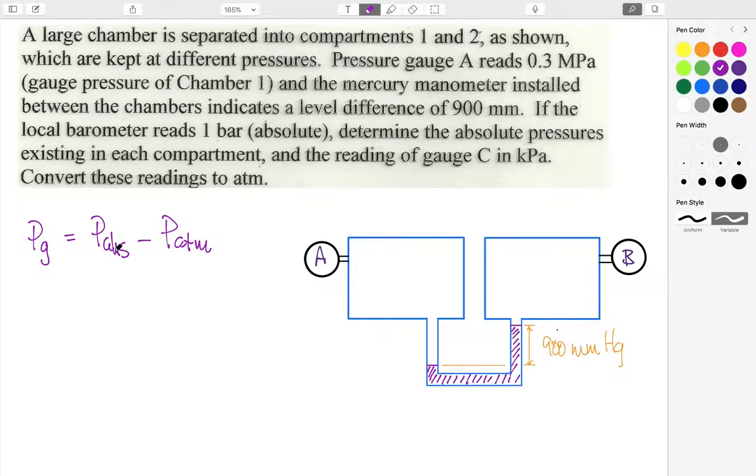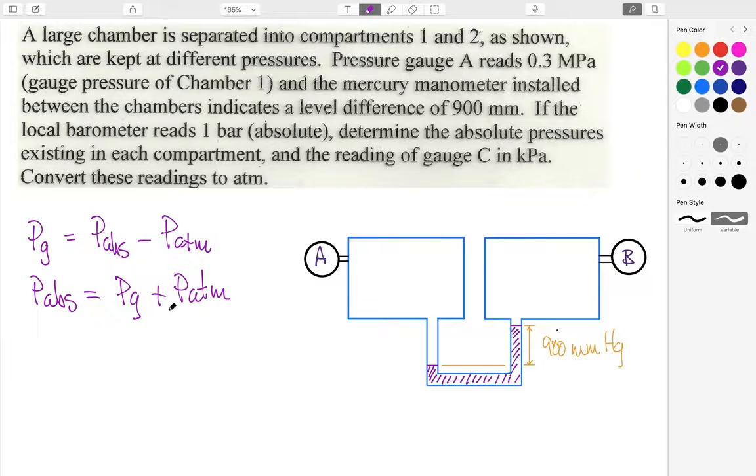Gauge pressure is absolute minus atmosphere. Or, the other way to look at it, absolute pressure is your gauge pressure with the pressure of the surrounding atmosphere added on top. So whenever you take a gauge reading, you have to add the actual atmospheric pressure on top to get a true pressure reading inside the container.